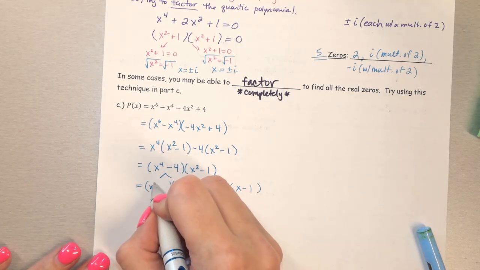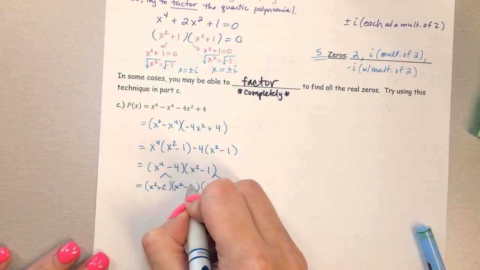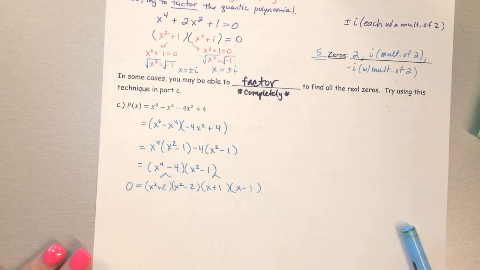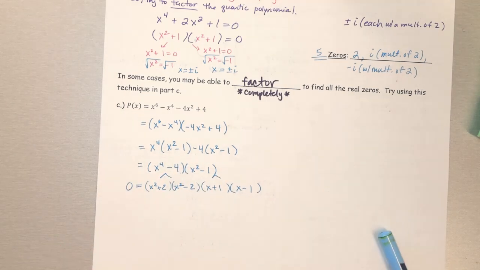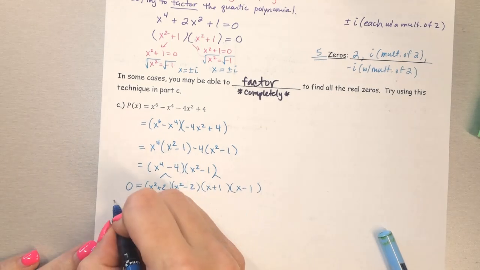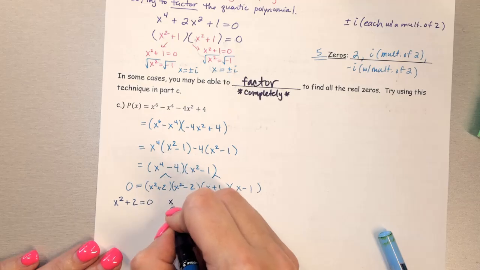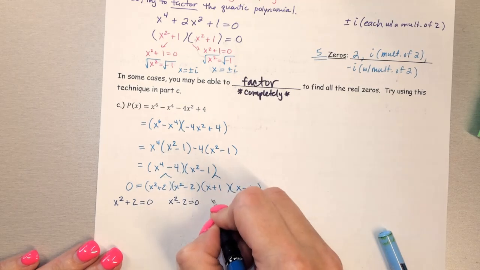This one is x squared plus 2, x squared minus 2. Okay, so it's like you're setting it equal to 0 and you are finding the zeros by solving. So x squared plus 2 equals 0, x squared minus 2 equals 0.